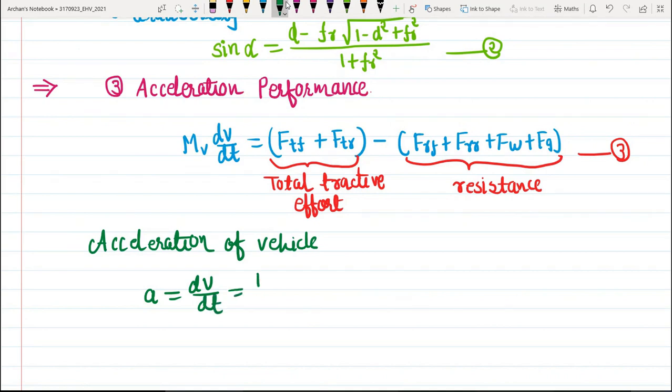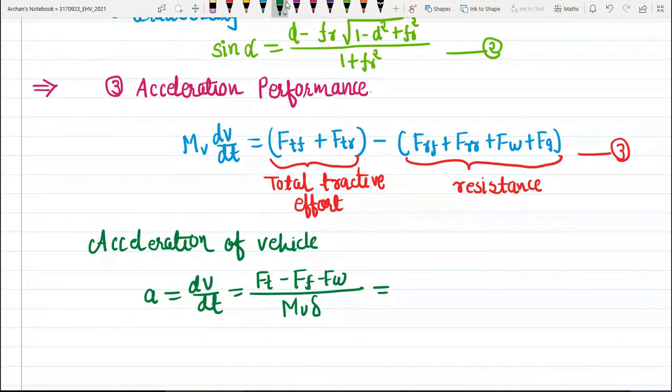So it will be equal to Ft minus Ff minus Fw, this is tractive effort, this is the resistances, divided by mv delta, right? Here delta is the mass factor which we already have seen.